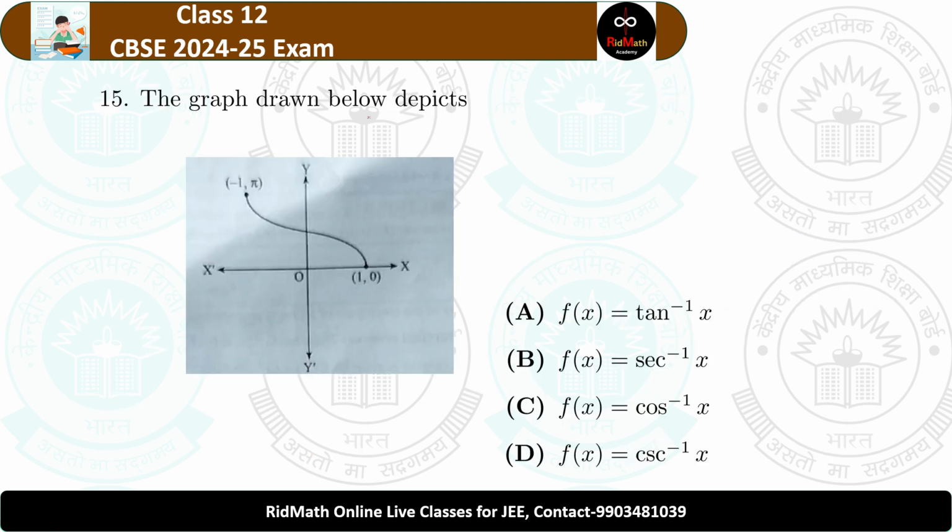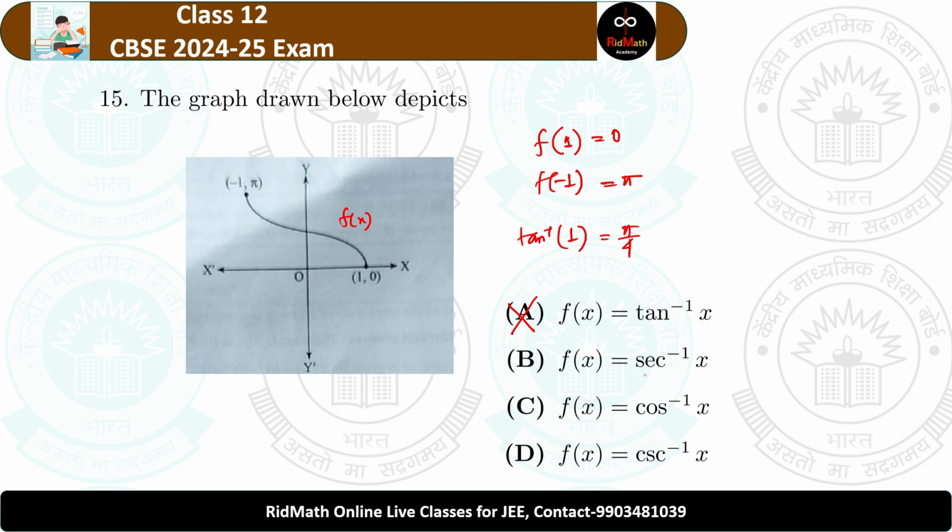The graph drawn below depicts which function? Let us take this graph as f(x). At x equal to 1, f(1) is equal to 0 and f(minus 1) equal to pi. Tan inverse 1 is equal to pi by 4, which is not equal to 0, so this is not the answer.